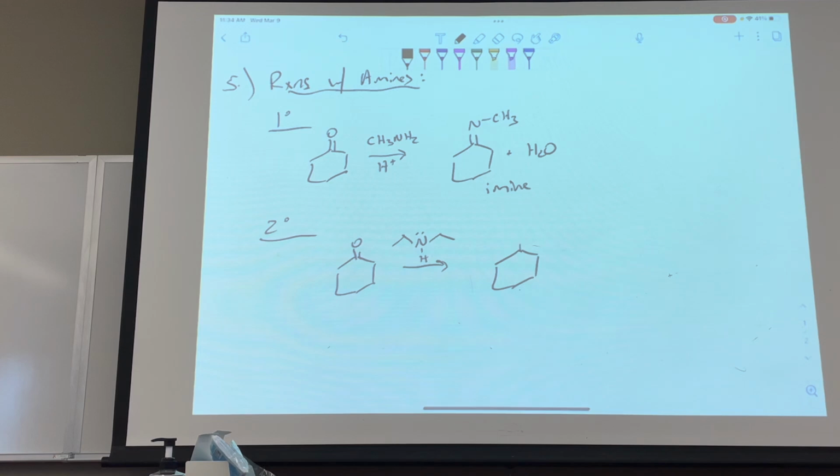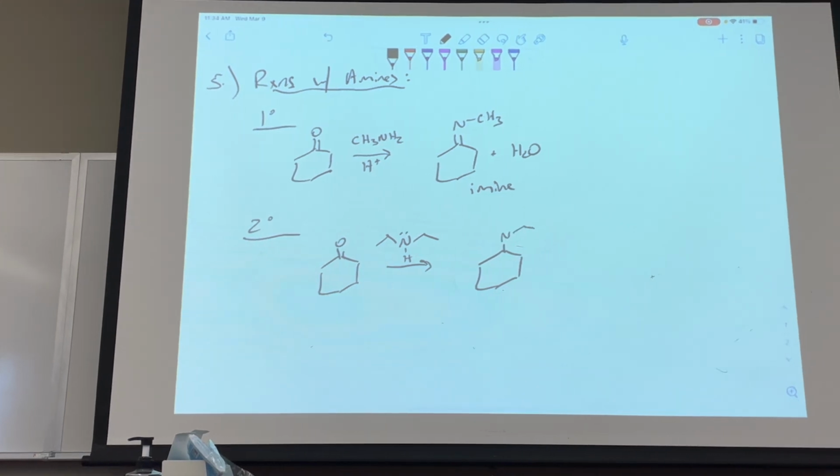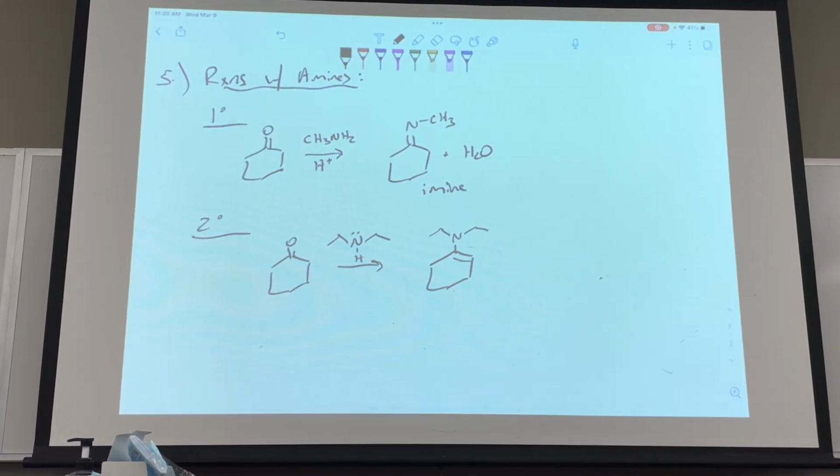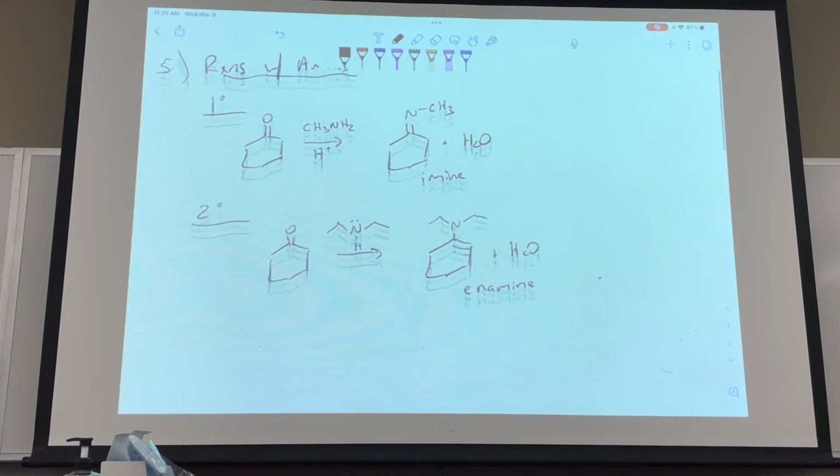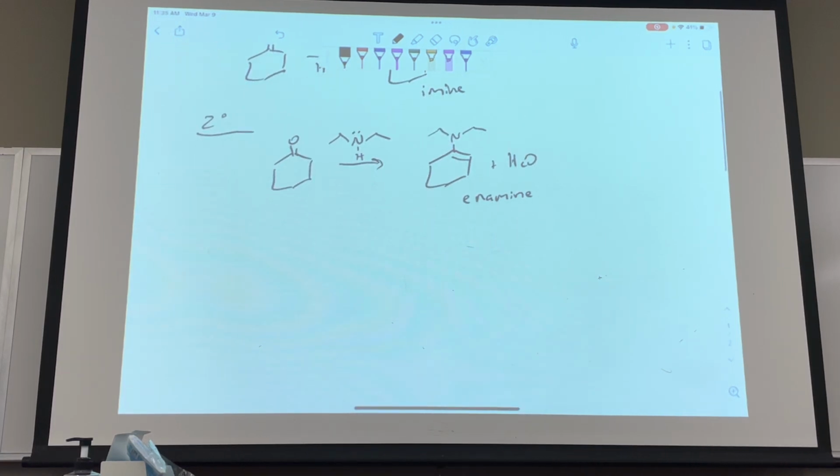The product looks a little bit different. It looks like this. And this is what we call the enamine. So let's go ahead and see if we can find out how we go from start to finish here.